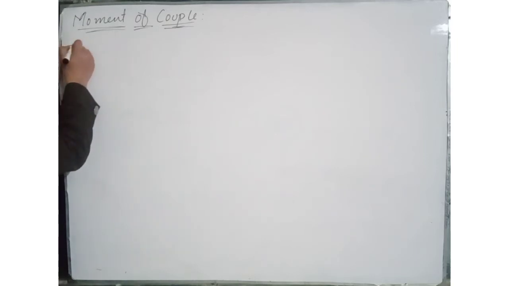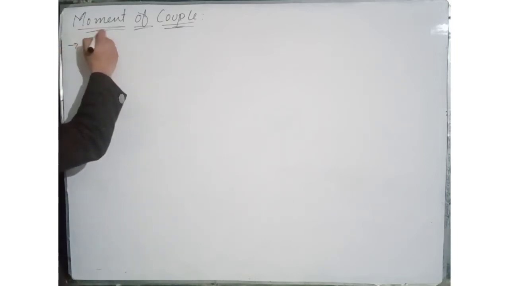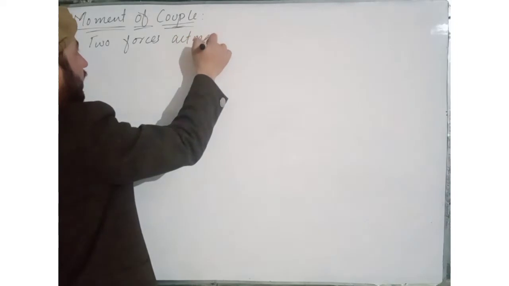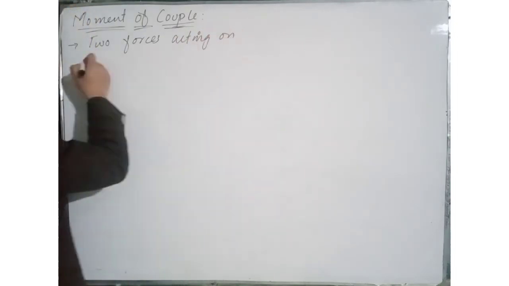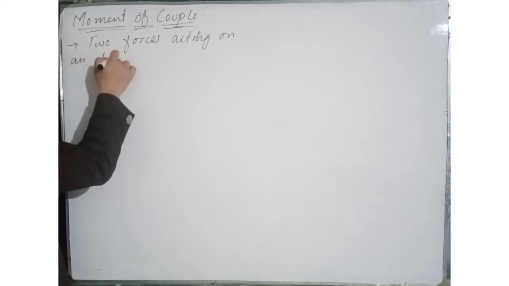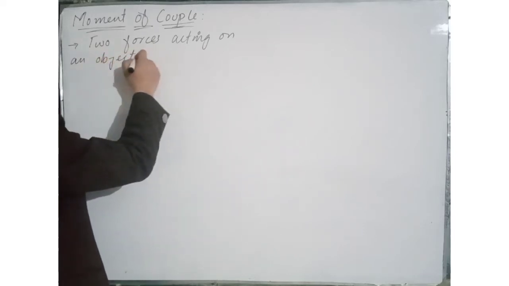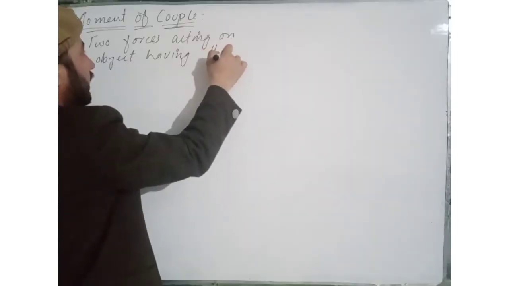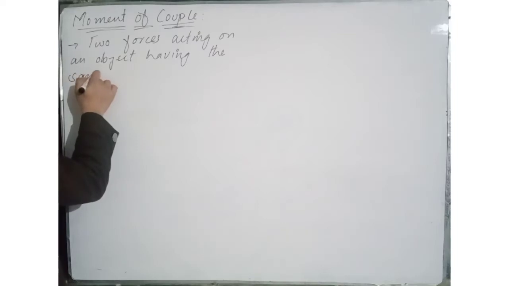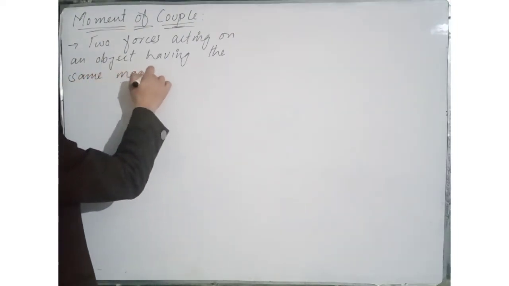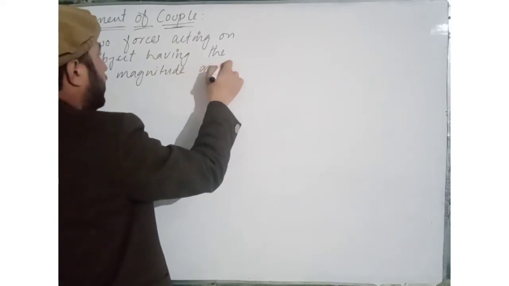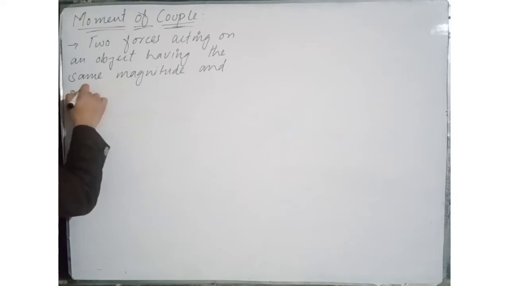A couple can be defined as two forces acting on an object, having the same magnitude and opposite direction.